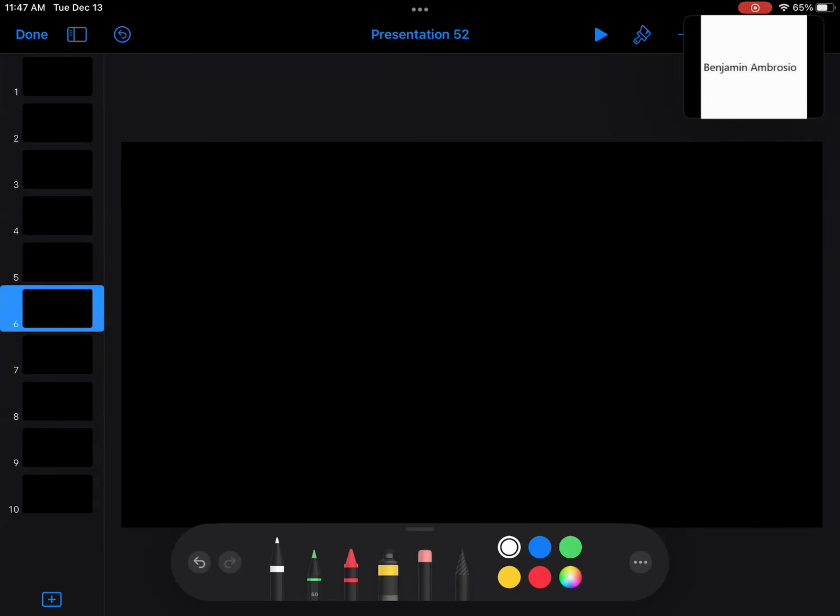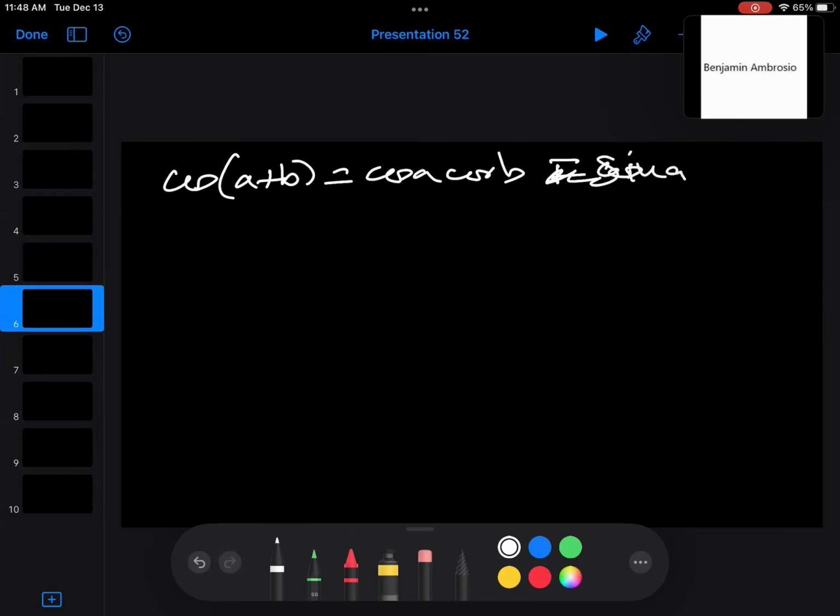I remember, for example, there are many techniques to do this computation. It's elementary for you because you're graduate students, but you just apply that cos(a plus b) equals cos a cos b minus sin a sin b, and you have cos(a minus b).